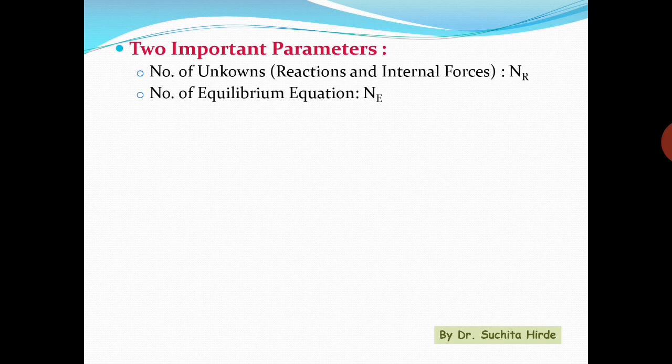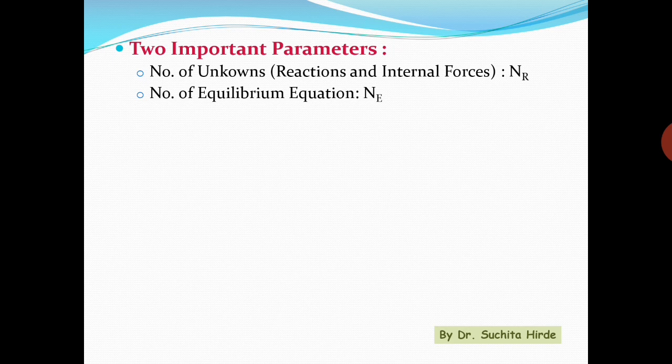Now if you observe all this, there are two important parameters. One is the number of unknowns. Unknowns can be reactions and internal forces. Let us say this number of unknowns is equal to Nr, and the number of equilibrium equations is Ne.